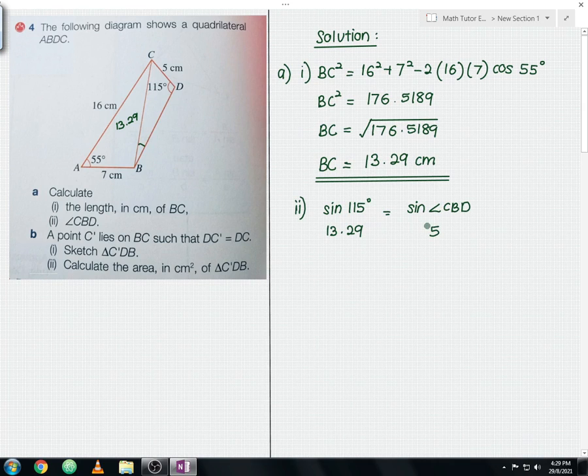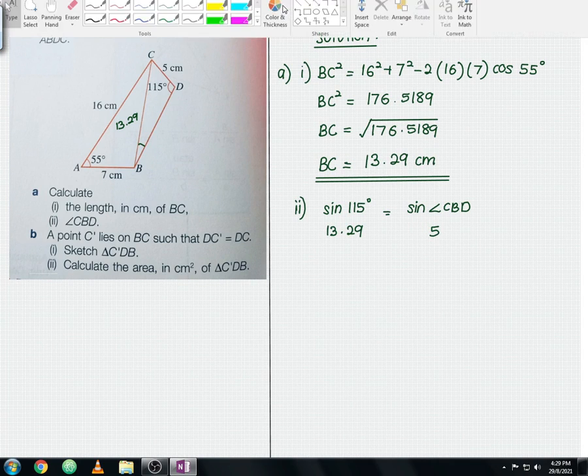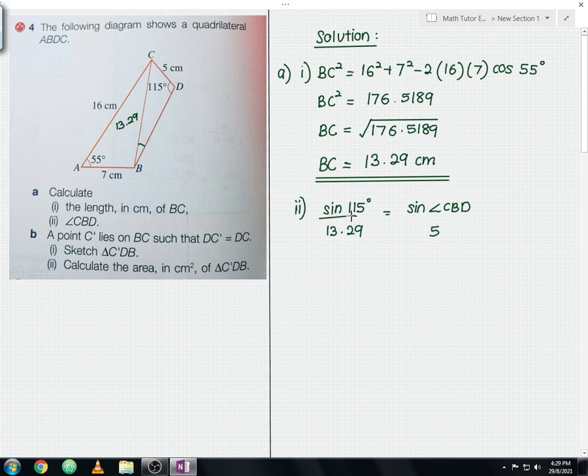Let me underline the fraction. For our next step, we're going to find the sine angle CBD. So to find the sine angle CBD, this 5 you're going to times with sine 115 degree and you divide with 13.29.